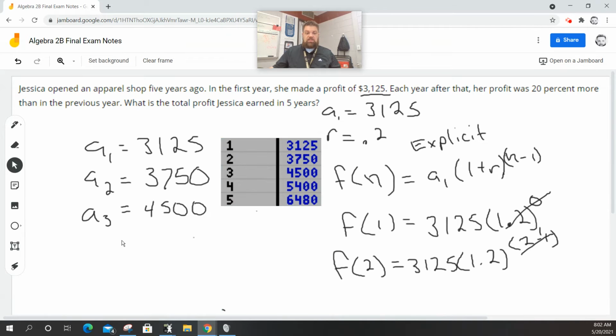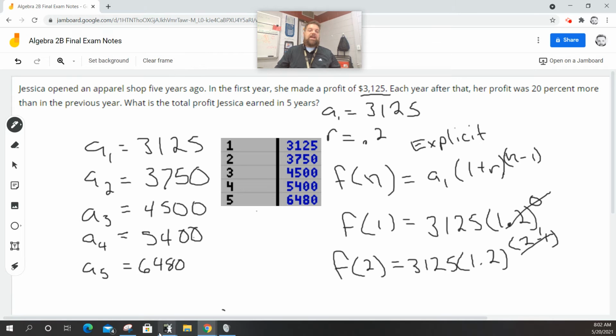These are the values I get in the calculator. In other words, on the 4th year, the profit will be 5,400, and on the 5th year, the profit will be 6,480.